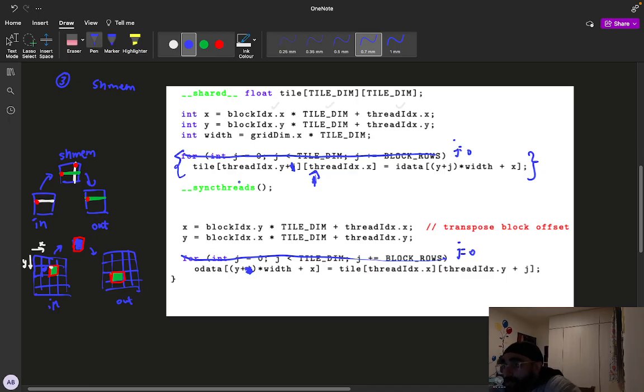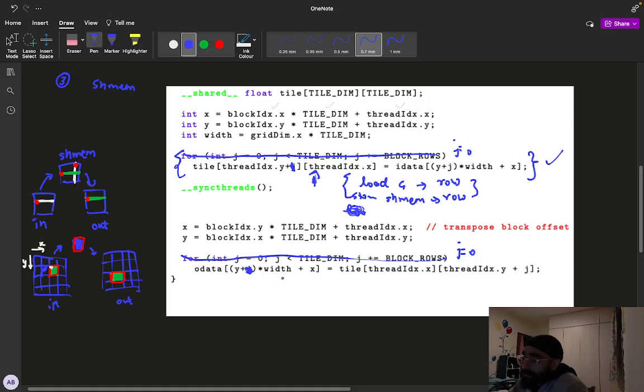So we are loading from global memory row wise, and storing into shared memory also row wise. This code does these two operations, and this code loads from shared memory in a column wise fashion.